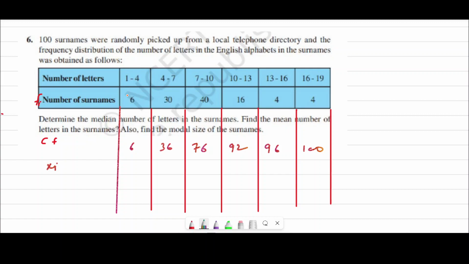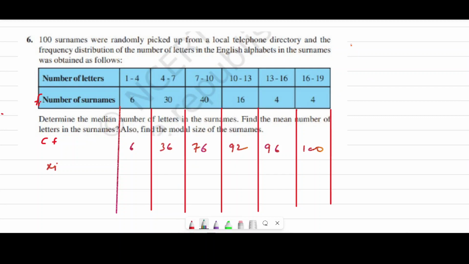Now what is the value of Xi, the mid value of this? But for median we only need CF. Now first we will find out the median.